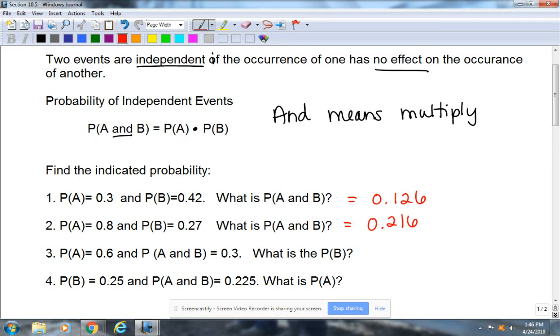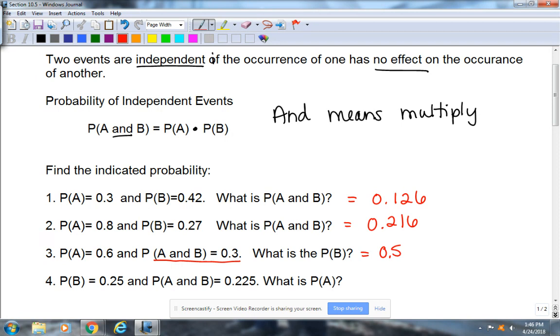If A times B equals A and B, then to get just one of them, you would take the A and B and divide by the one you got. So we're going to take 0.3 and divide it by 0.6. That's 0.5. So if they give you A and B, you divide that by the one they gave you to find the other one. Does that make sense?